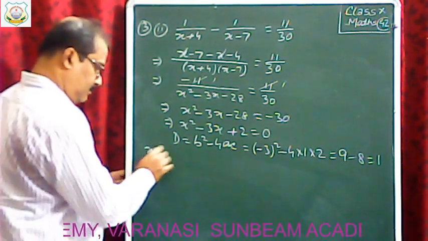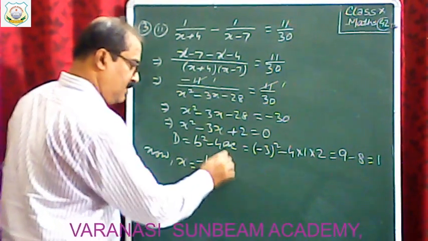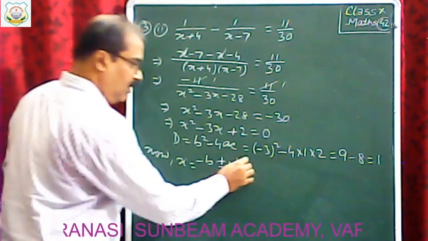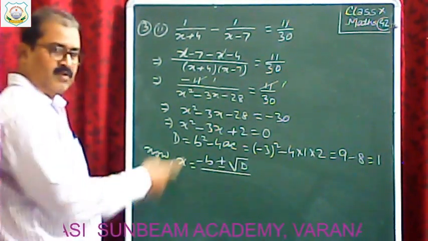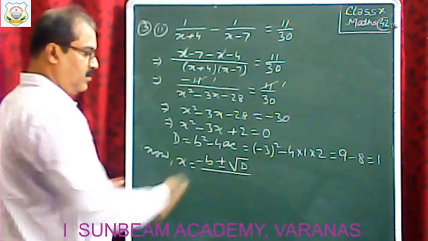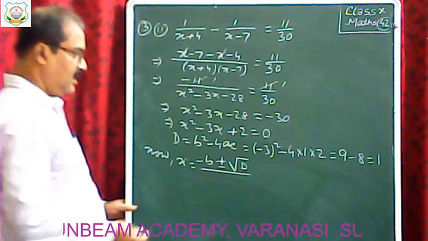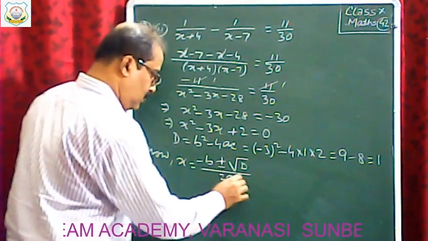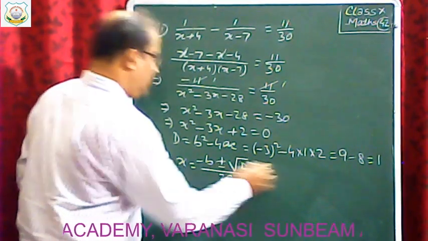So now x equal to minus b plus minus square root b square minus 4ac, that is equal to D. You can write D directly, no problem. Directly you can write square root D in place of b square minus 4ac, as you know that D is b square minus 4ac. That's why, upon 2a. So minus b is what?